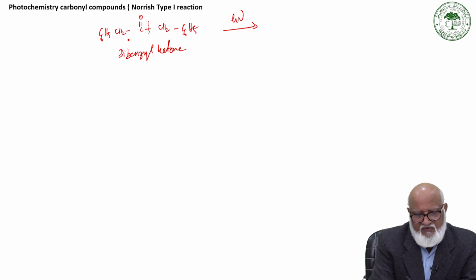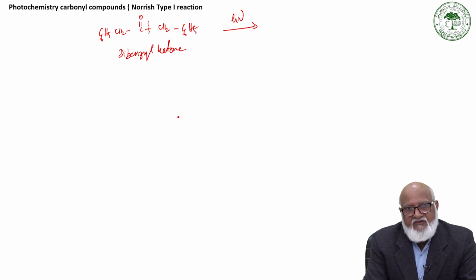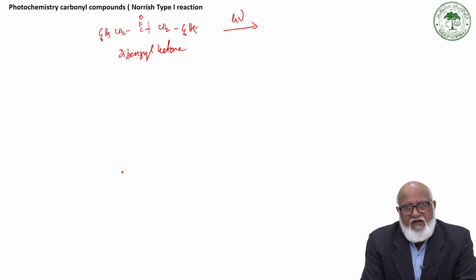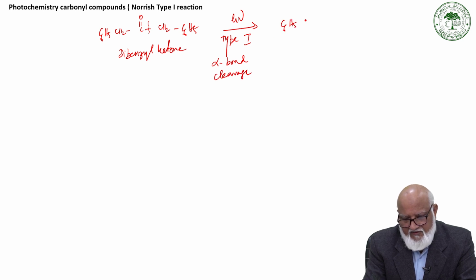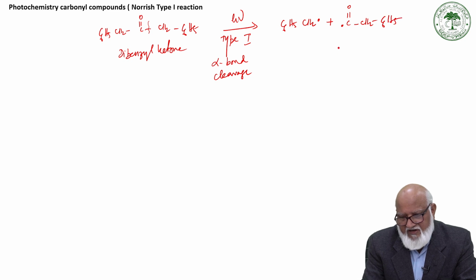Whether we cleave this bond or this bond, we end up with the same stability carbon center radical. This is a type 1 reaction, which is nothing but alpha bond cleavage, to give C6H5 CH2 radical plus C double bond O CH2 C6H5. So we get these two radicals.